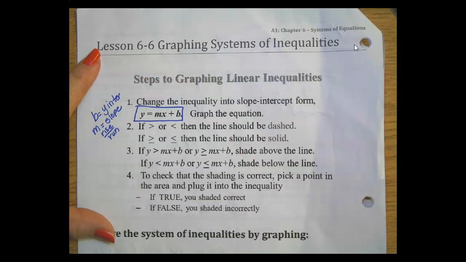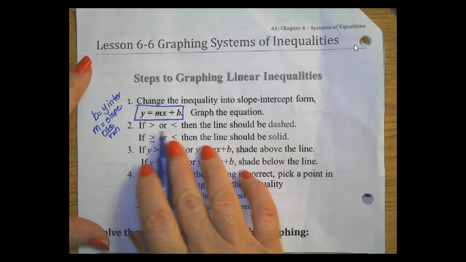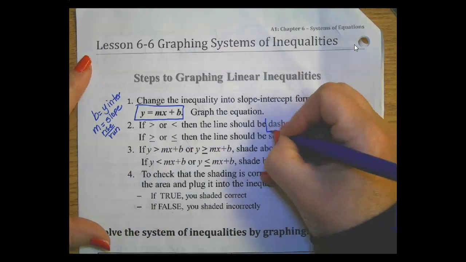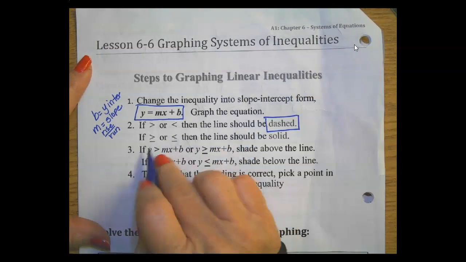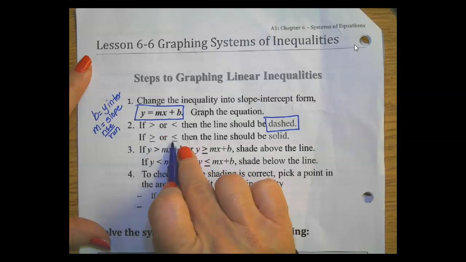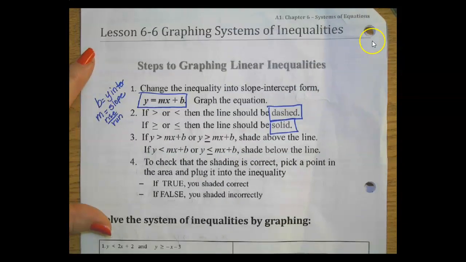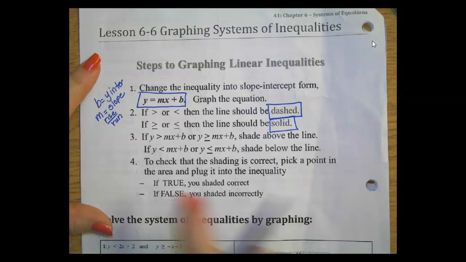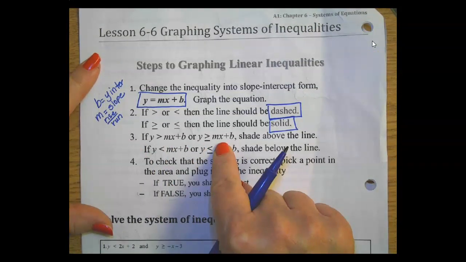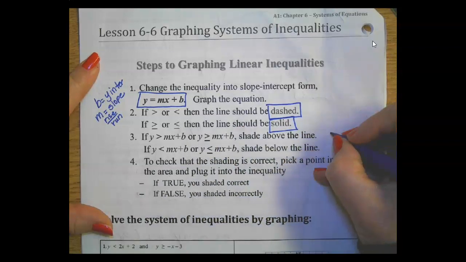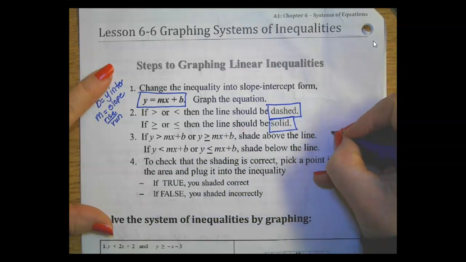And remember, on your slope, it's rise over run. Greater than or less than, you should have a dashed line. If it's got the greater than or equal or less than or equal, you'll have a solid line when graphing. Remember shading: if it's greater than in any combination here, you shade up above the line.